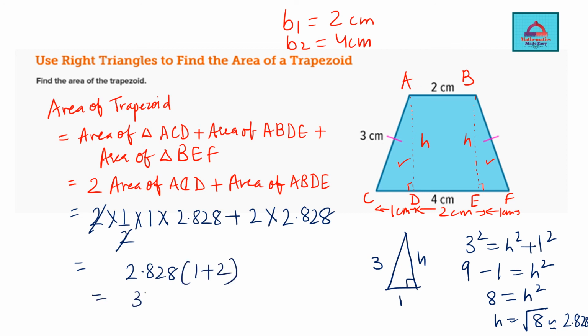So this is 3 multiplied by 2.828. Unit is centimeter square. So roughly this comes out to be 8.484 centimeter square. So that's your answer for this question.